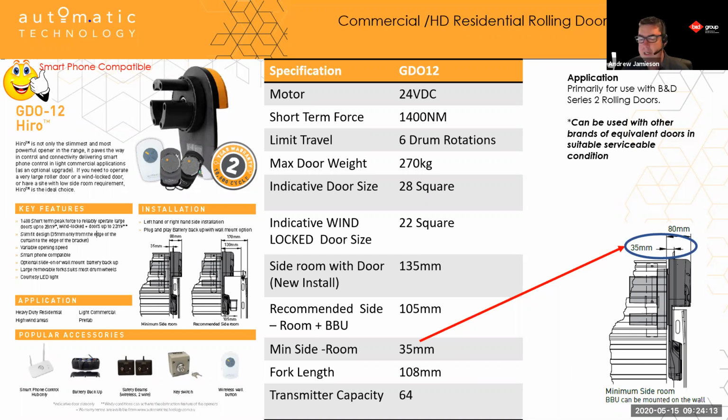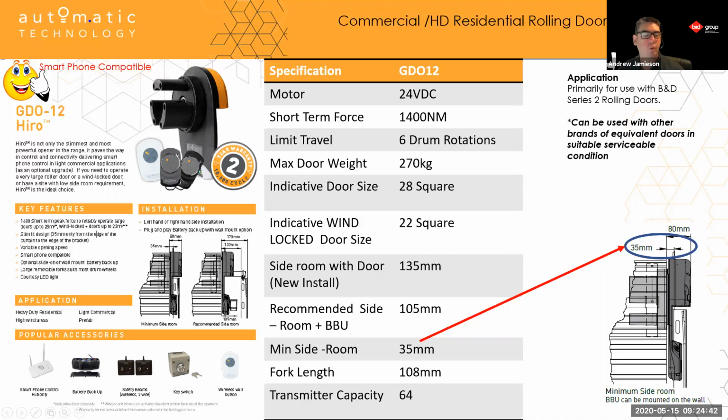One thing that I will say is the design spokes on this unit allow for us to automate a wide selection of existing doors on the market, not only the B&D brand. Because of the shape, we're getting more surface contact area with that curved fork. And also the adapter is reaching in a long way at 108mm into the drum wheel area. So they're the main call outs for the GDO 12.